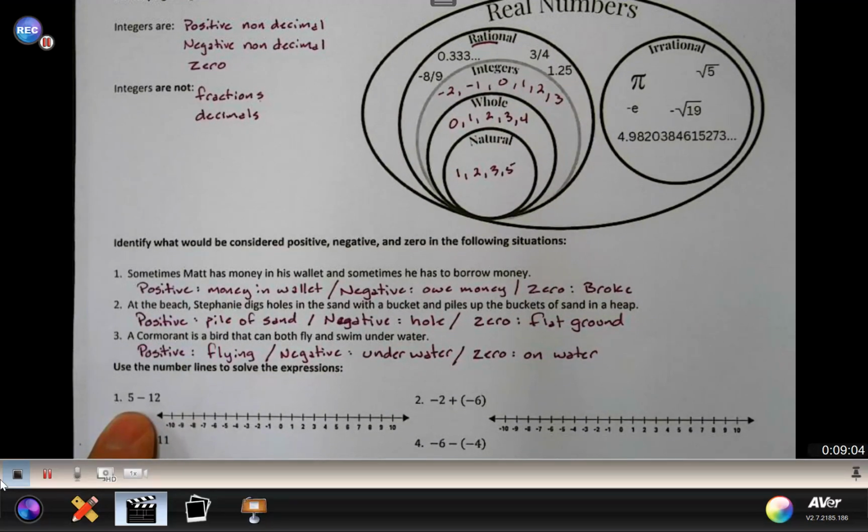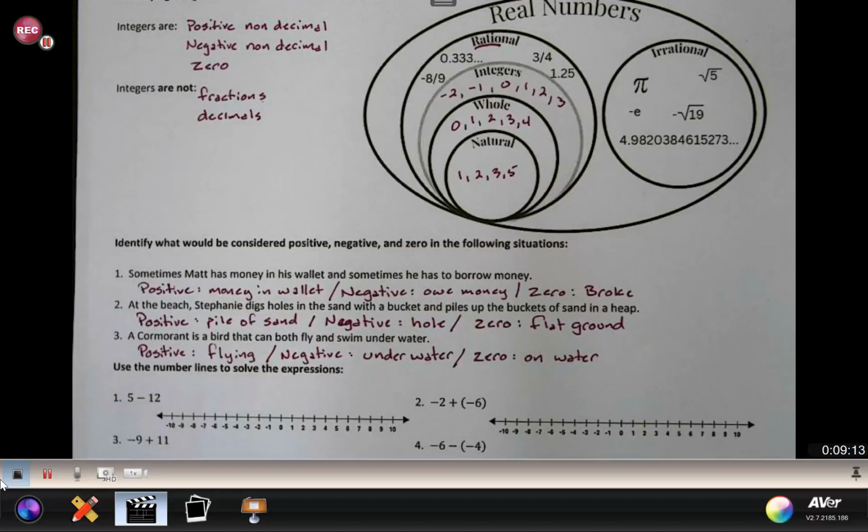So let me think of this as money. This means I have $5 and I owe somebody $12. So how much money do I have? A lot of times when you put the problem in terms of money, it's easier to figure out. So if I have $5, I owe $12, that means I have -$7.